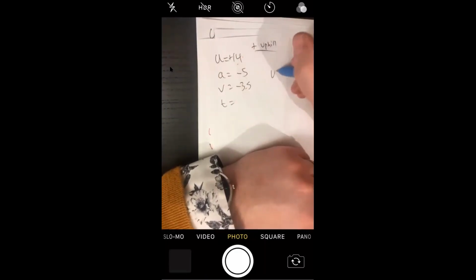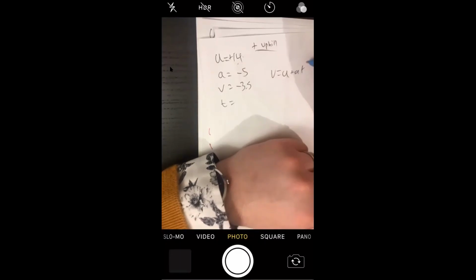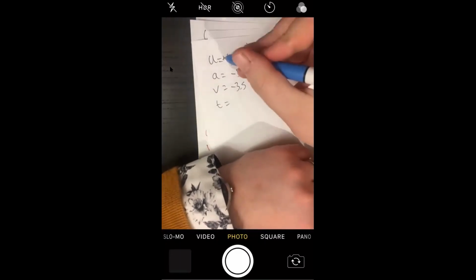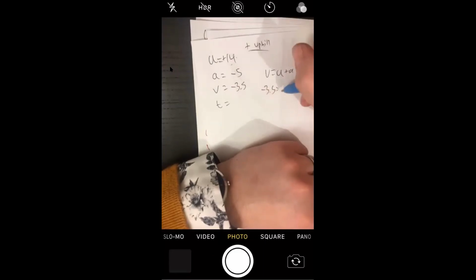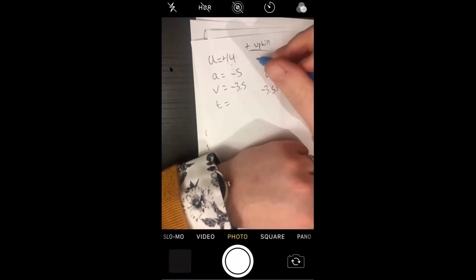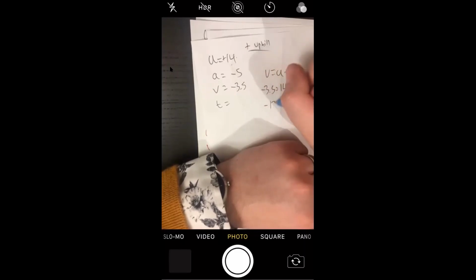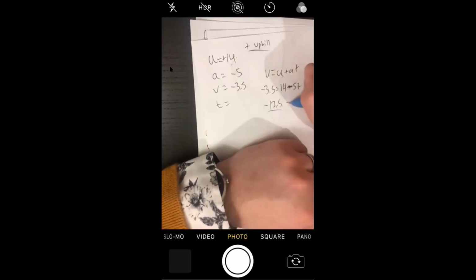So we're looking at V equals U plus AT. In this case, we've got -3.5 equals 14 plus, take away 5t. We're going to go -17.5 equals -5t.